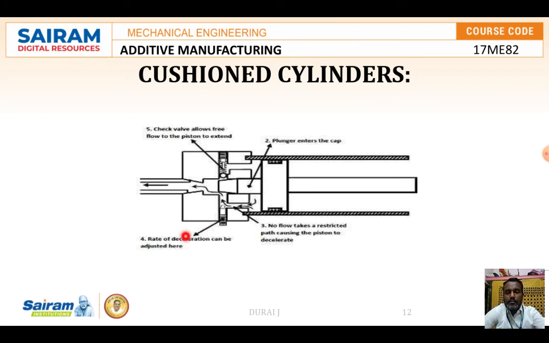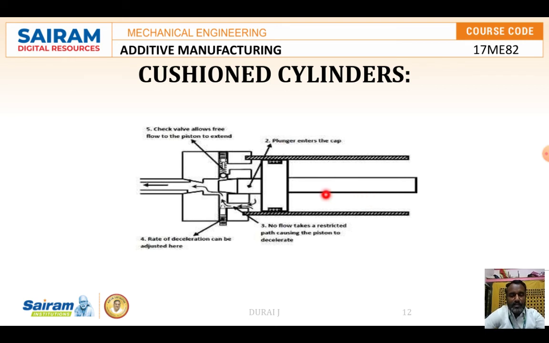Then comes the cushioned cylinder. In the cushioned cylinder, some setting pressure is set in the check valve. Once the flow comes here and reaches the setting pressure, the valve opens, goes inside, and acts upon the piston. The piston moves from left to right.